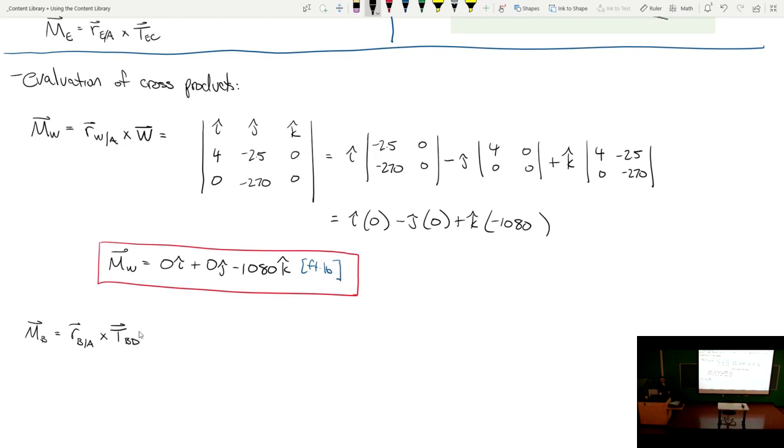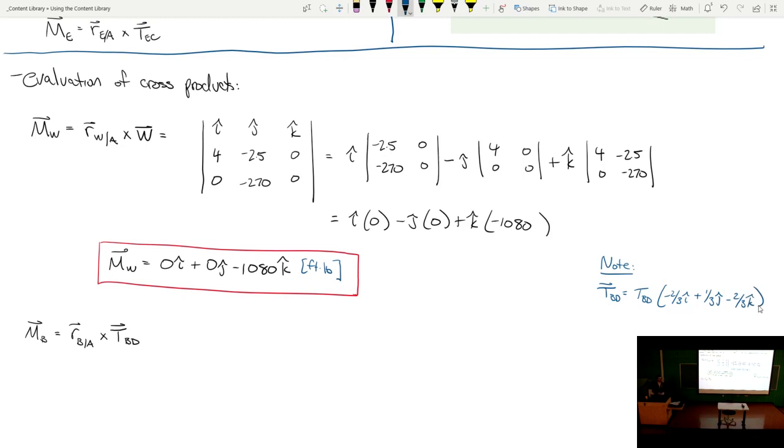Now let's remember, what was T_BD? I think it was the magnitude times the unit vector. I think that was the case, right?